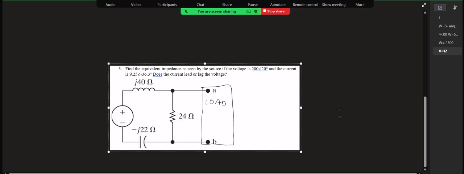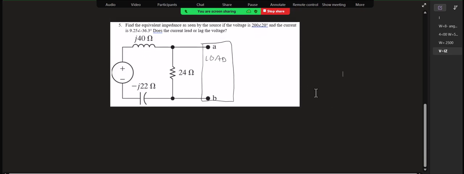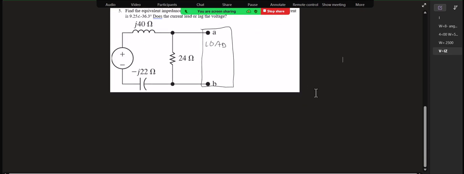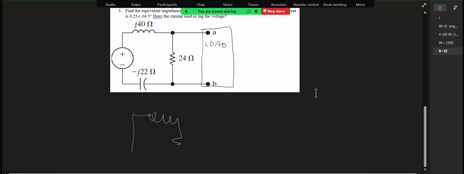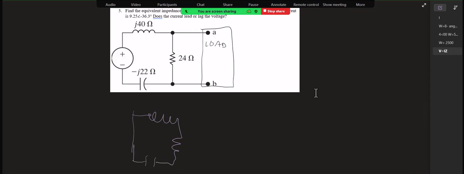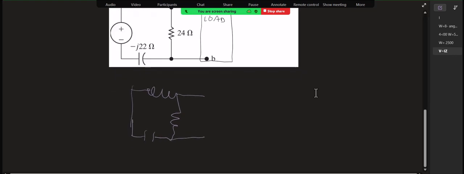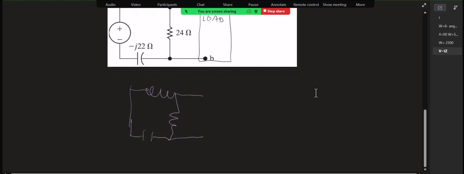You would have to know what the voltage is, but the Thevenin equivalent impedance as seen by the load.